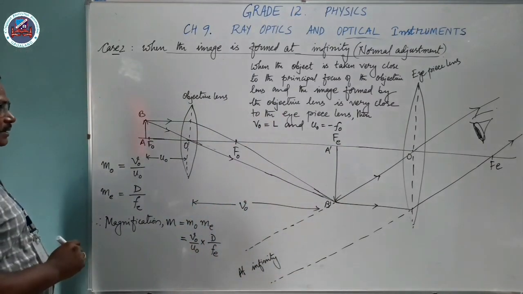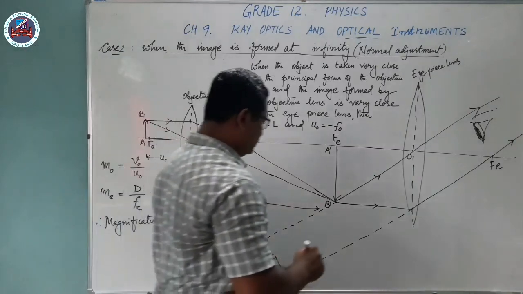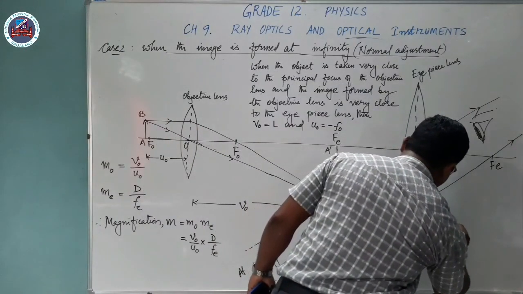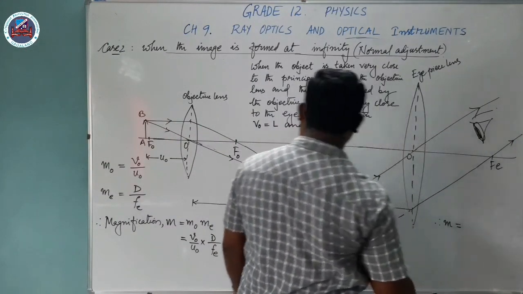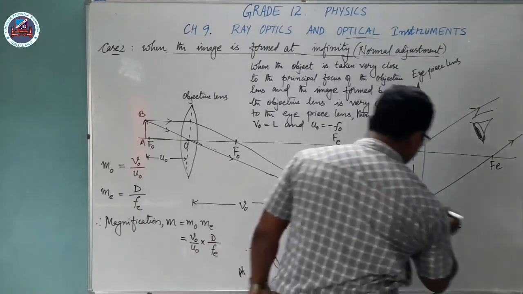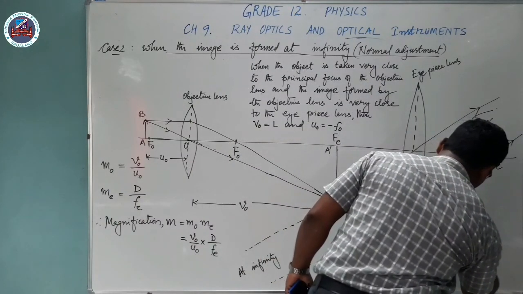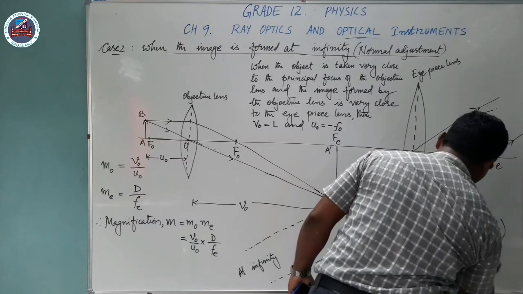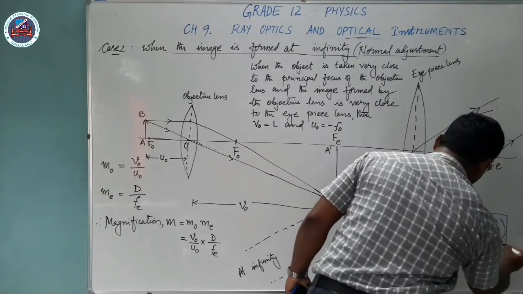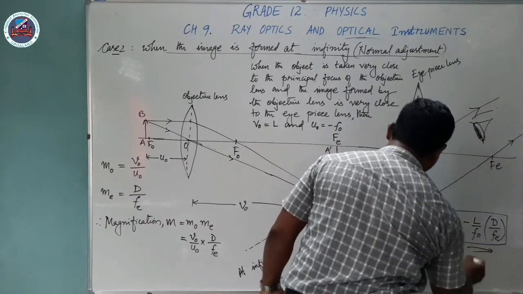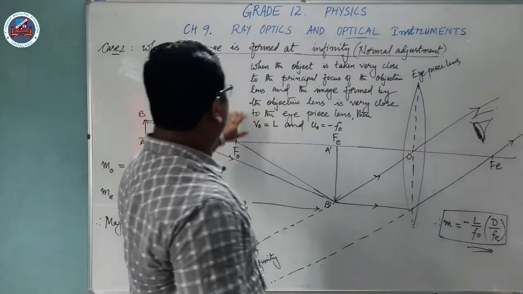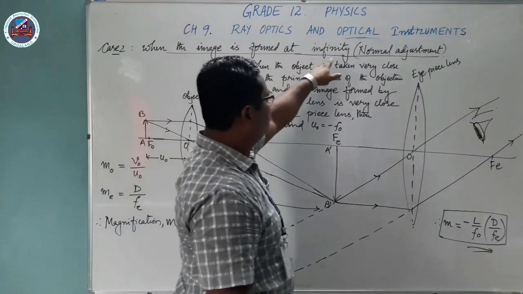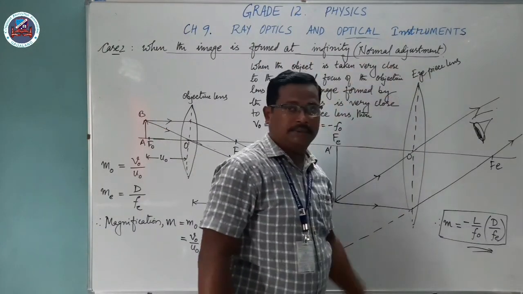Then your magnification expression, therefore M, will be minus L by F0 into D by Fe. This is the final expression for the magnification produced by a compound microscope when the image is formed at infinity, that is under normal adjustment.